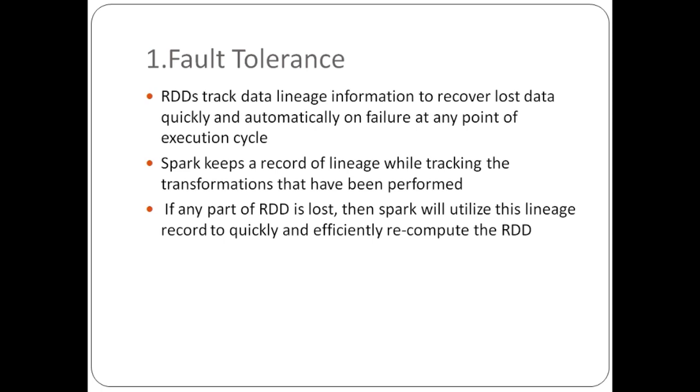For example, you are reading a 1 GB file, it will be divided into, for example, 5 partitions. When you sum those 5 partitions, it should equal 1 GB. If it is not matching, it means data is lost. How can we recover the data? Using the fault tolerance feature, and it will use the lineage graph. It is a very important interview question: what is a lineage graph?